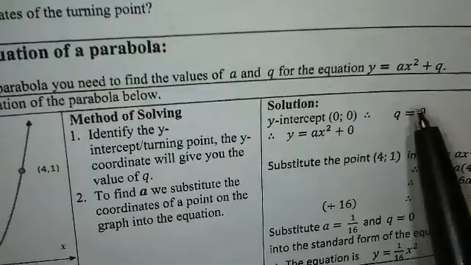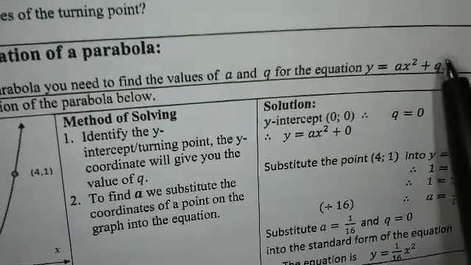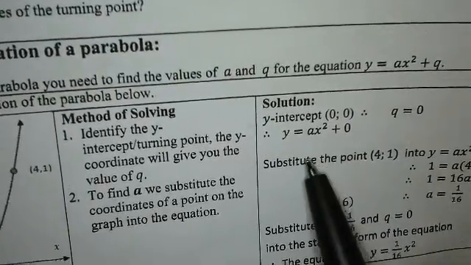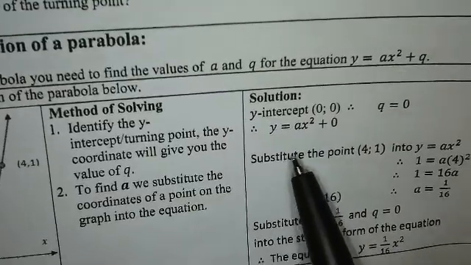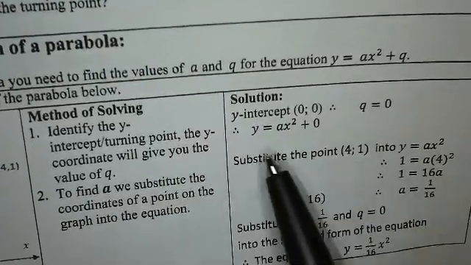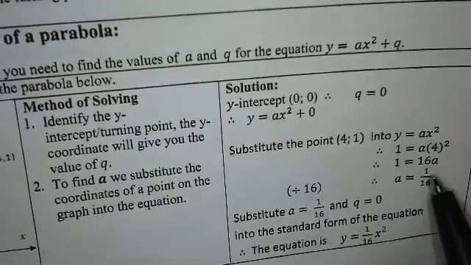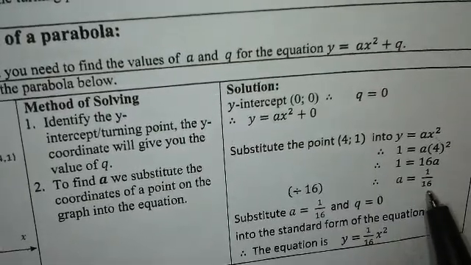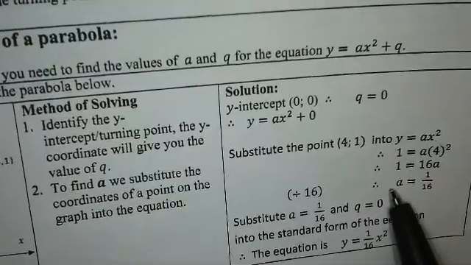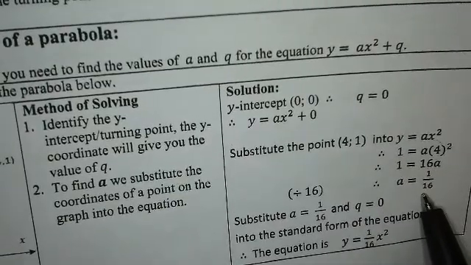Now you substitute the 0 into the q value in your general form, and then you substitute the point (4, 1), remember that's your x and your y. And that enables you to work, according to the equation rules, that a is 1/16.